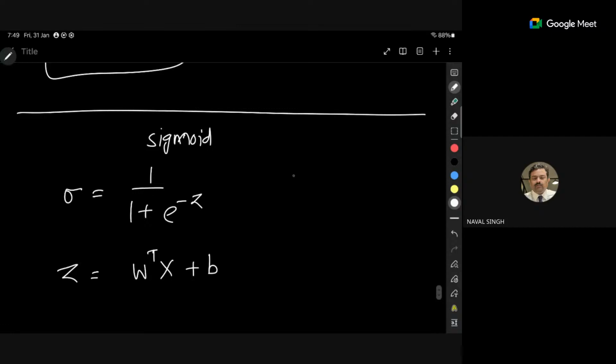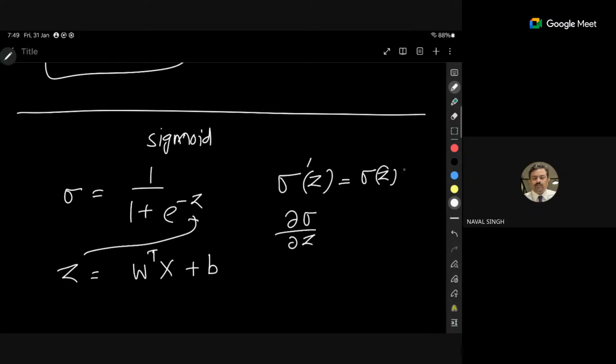Now if you wanted to find the derivative of this, basically dow sigma by dow z, what is going there, right? So if I want to do just this part, then the formula is very easy. What I have to do is take sigma z and multiply element-wise 1 minus sigma z.